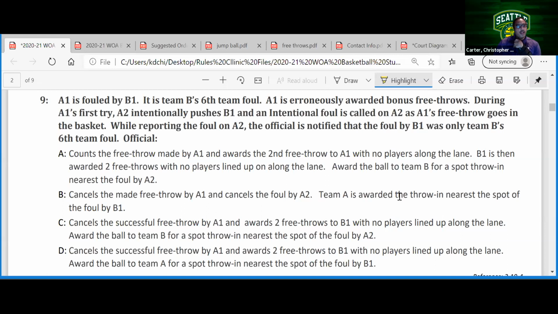While reporting the foul on A2, the official is notified that the foul by B1 was only Team B's 6th team foul. Official, and this is my first reading through it, so give me just a second. That's okay.